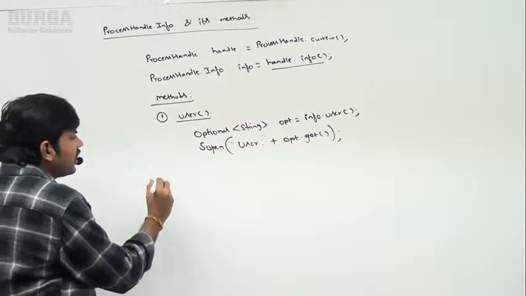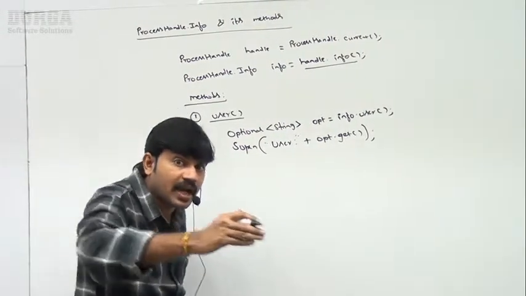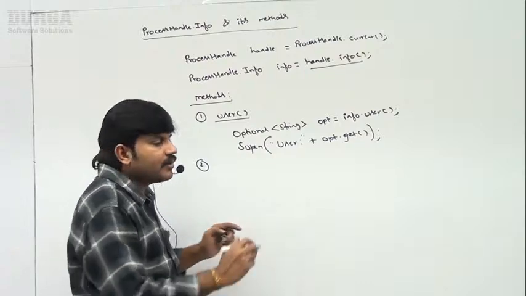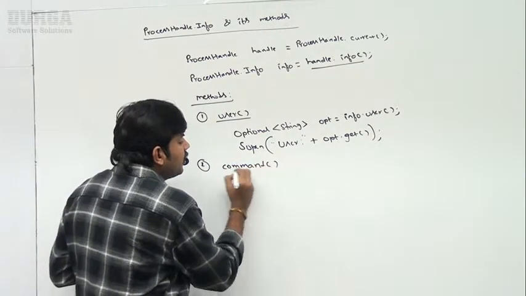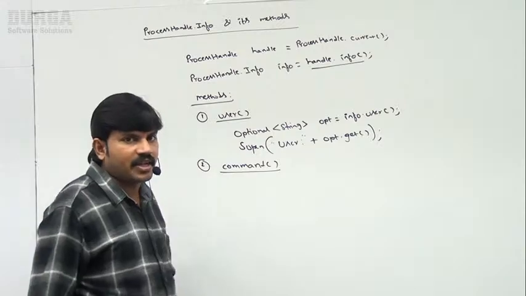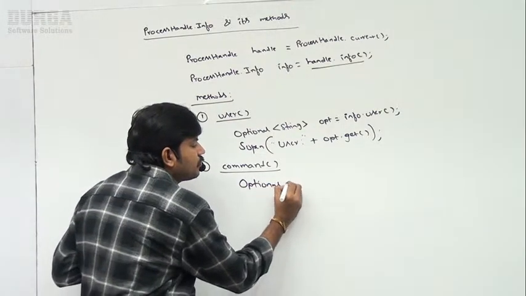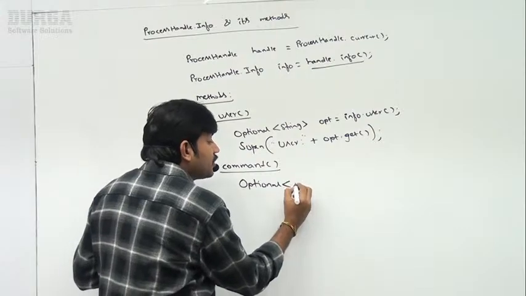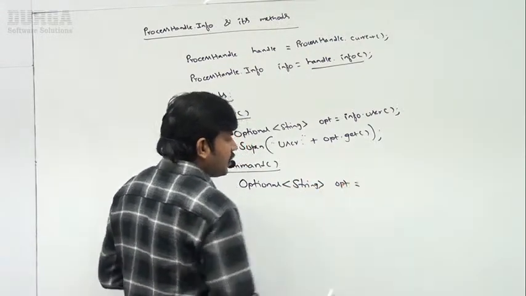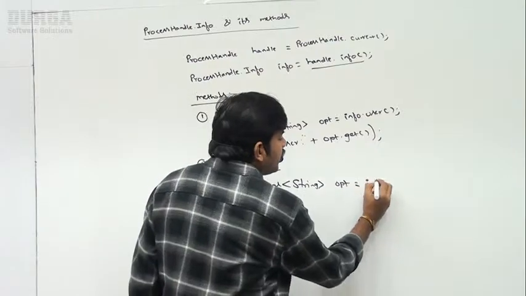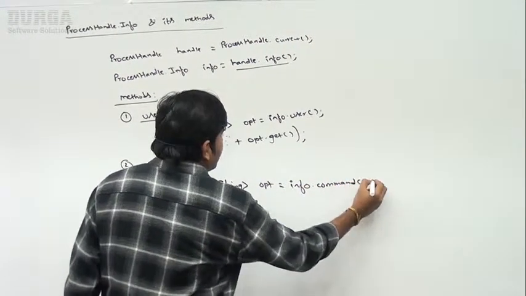That's why it is always going to return an Optional object. Remember, sir, same way we can get by using which command this process was started. Sir, command is the method name. Remember, what is the method name, sir? Command. Sir, it is also an Optional of String: Optional<String> opt = info.command(). Info.command(), like this, right?